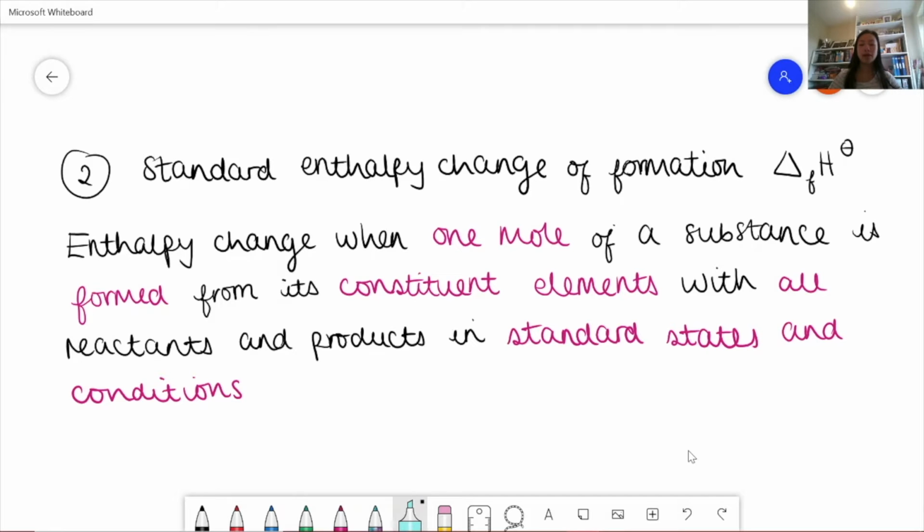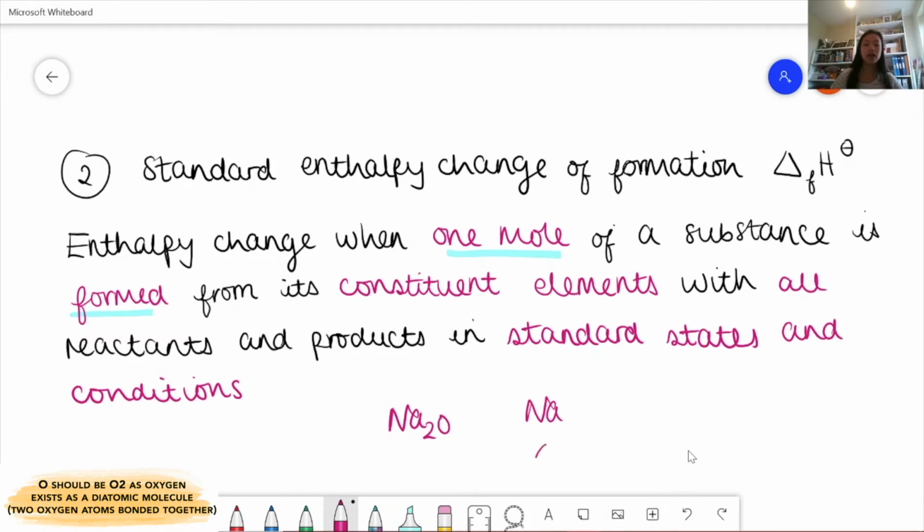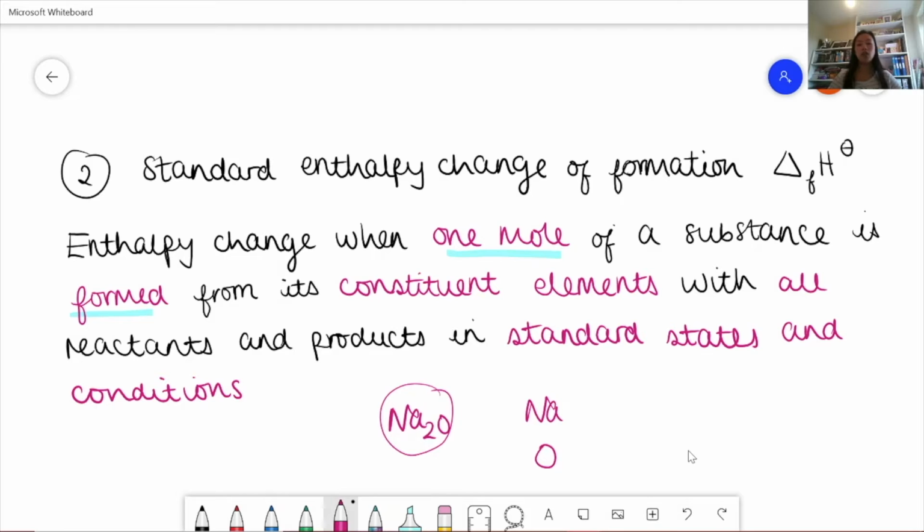So the thing to remember with this one is that 1 mole of a substance is formed from its constituent elements, which just means the elements it's made out of. So for example, sodium oxide is made up of sodium and oxygen. So we need to remember that 1 mole of this is formed, and all of these reactants and that product, they're all in standard states.